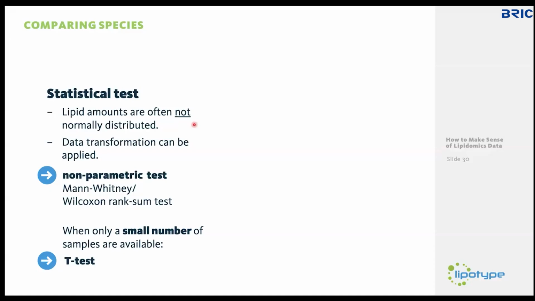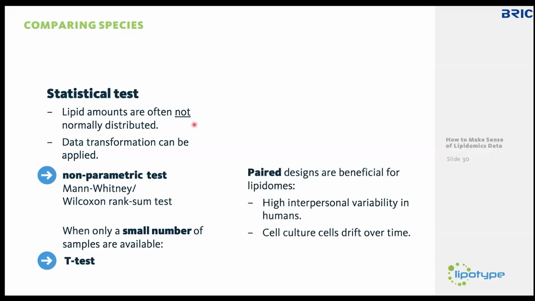What is also always advisable is using paired designs. They have higher power. Paired means that you, for example, measure the same person before and after, and then you can assign the statistical test such that you look within the person: have all people increased, versus have both groups got a significant difference.